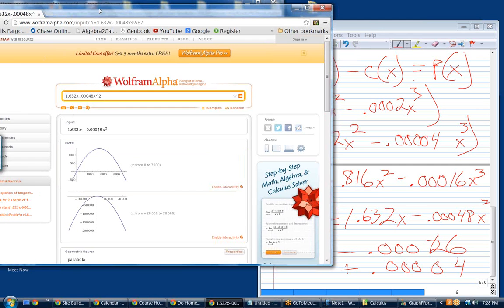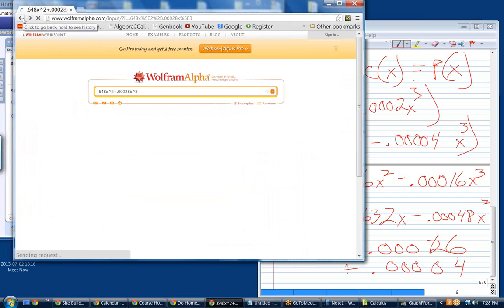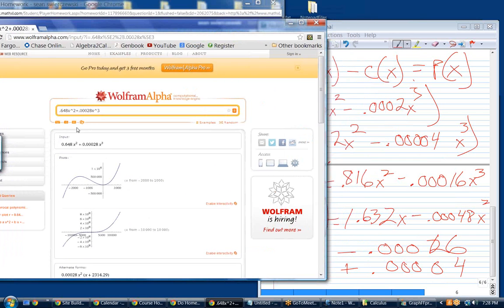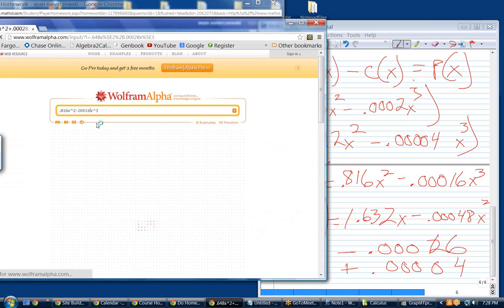And yet the original function, that wasn't it though. Let me put the correct original function. Maybe it is correct. And possibly, because this is a minus, it's 0.16. So this is the profit function right here.